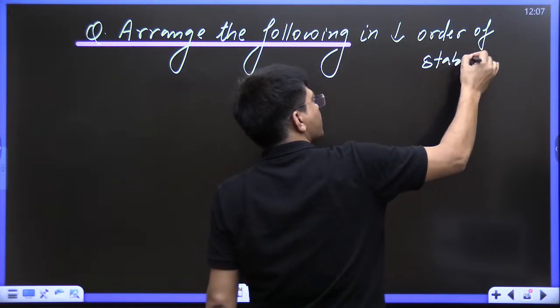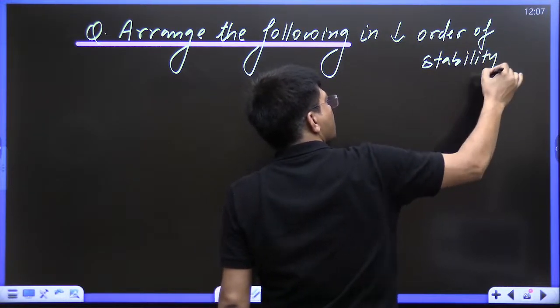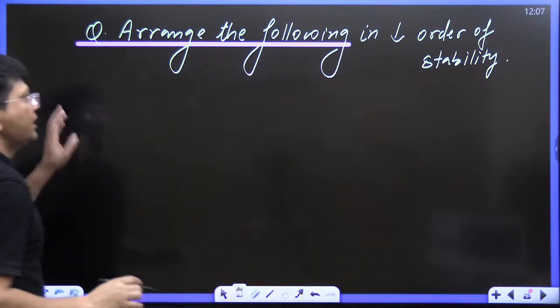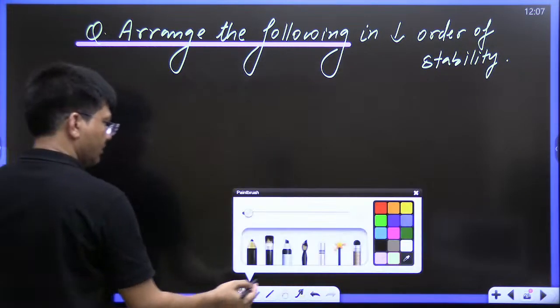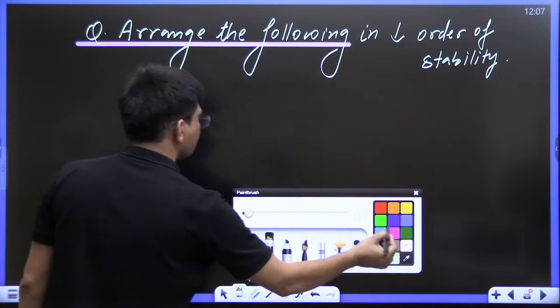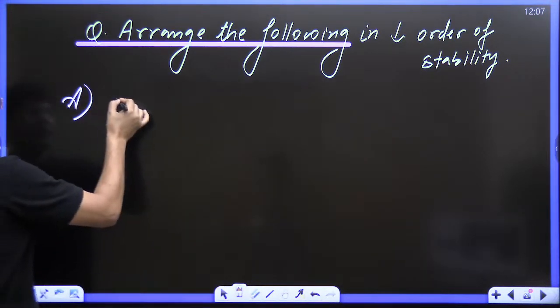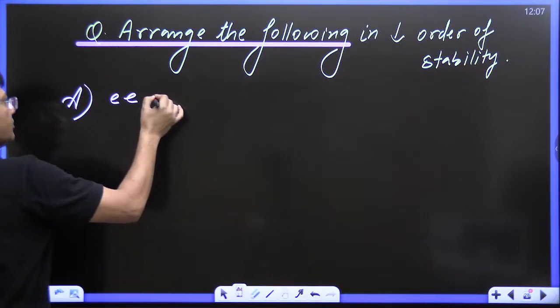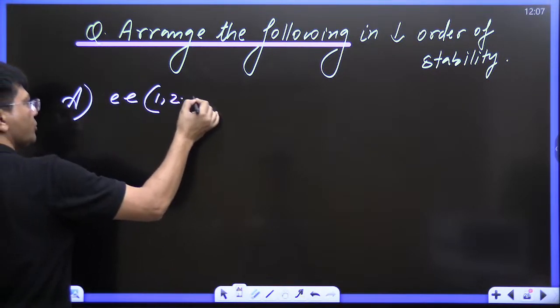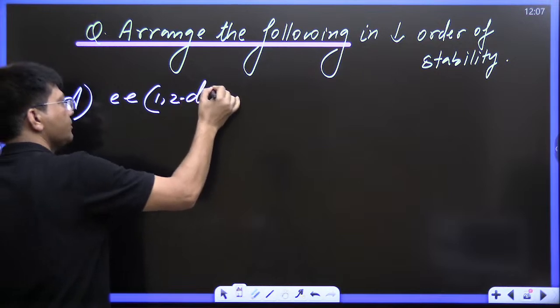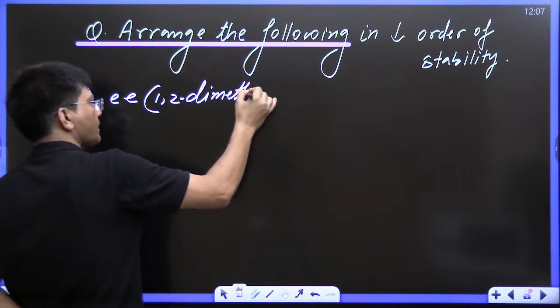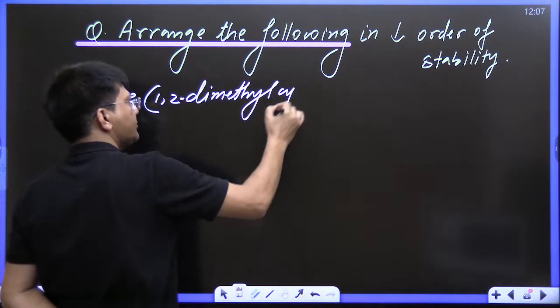This is all about dimethyl cyclohexane. 1,2-dimethyl cyclohexane, one is given as equatorial 1,2-dimethyl cyclohexane.